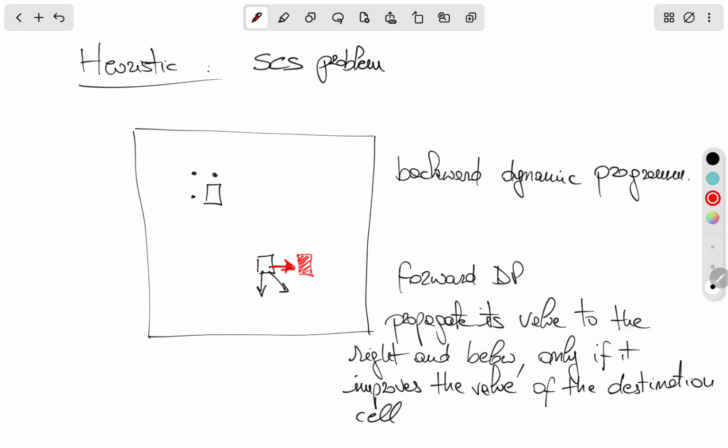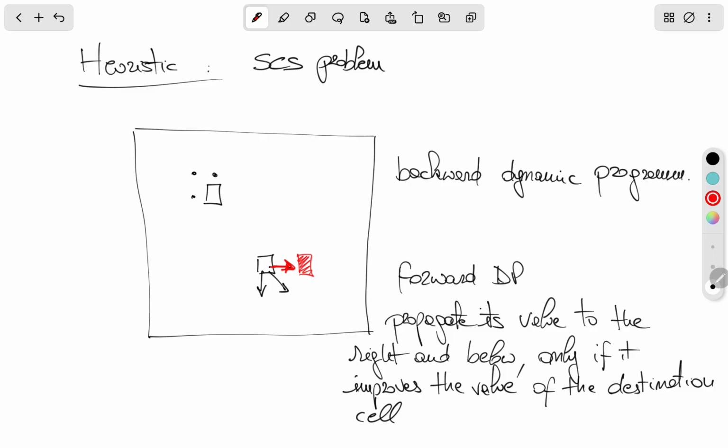The point is, think about the standard forward dynamic programming matrix.